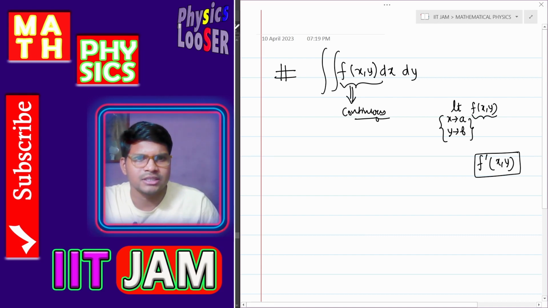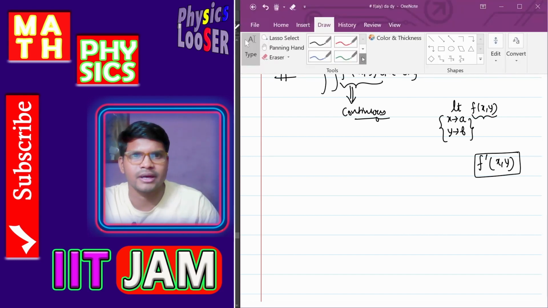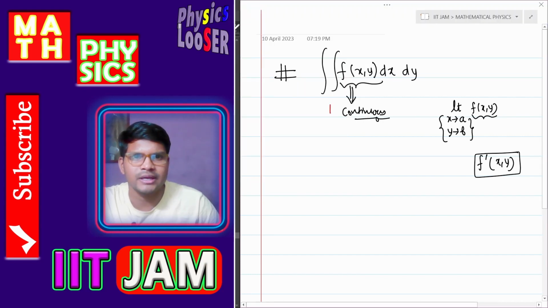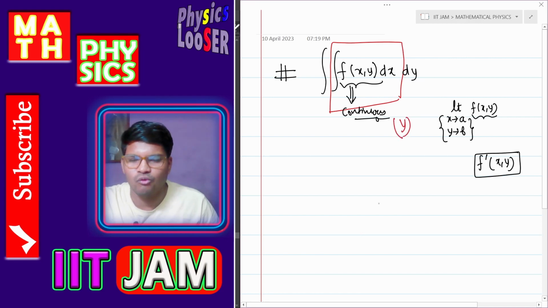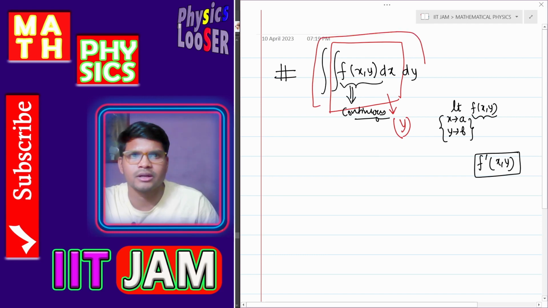If I write the integral of f of x comma y dx dy, it suggests that you first do the integral with respect to x, assuming y is constant. Once you have done this integral, you can then do the other integral depending on the y variable.